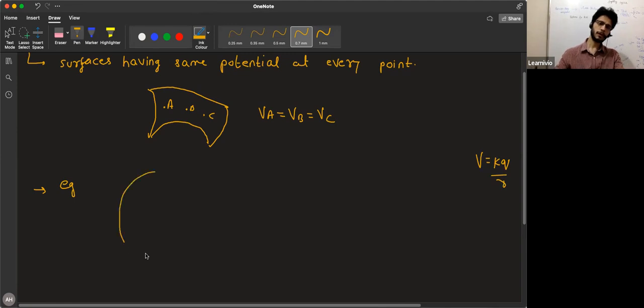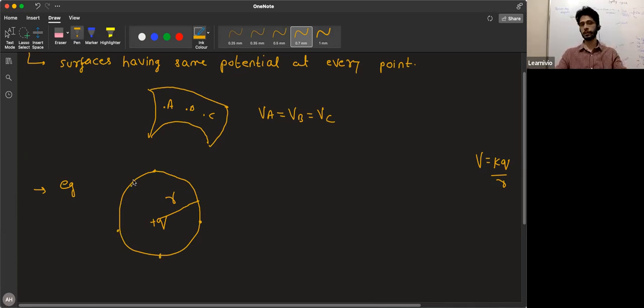So if I take a sphere of radius R, and I place a charge Q at the center of the sphere, then at each and every point of the sphere the value of electric potential is the same. Potential will not change.